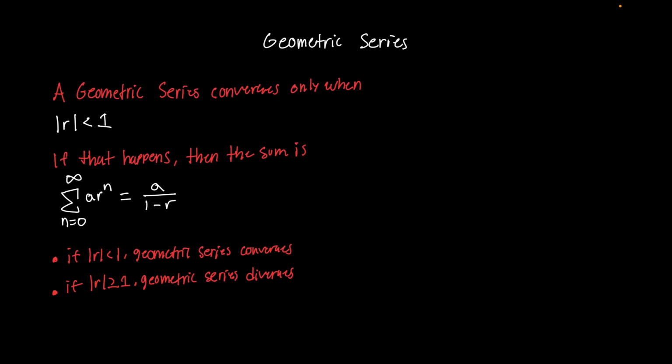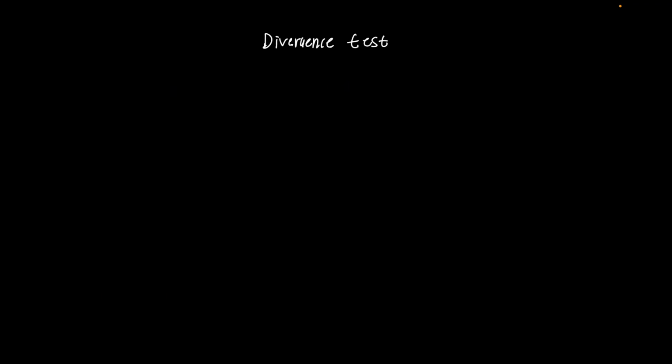So now we are going to be moving on to our second main concept, called the divergence test. So this is the other major idea in this section. This is a pretty quick and easy test that you learn for series. So this is what the divergence test says.